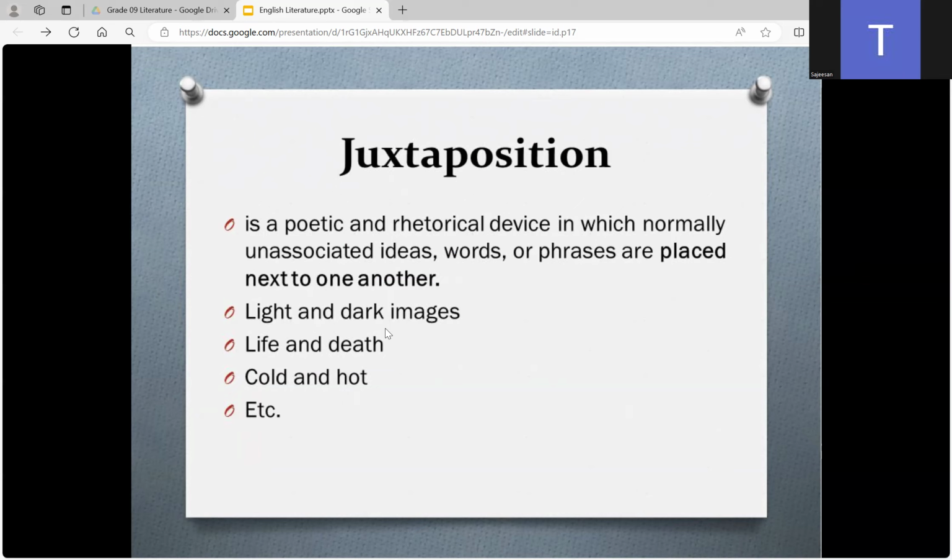Light, dark is the use of oxymoron, but light and dark images is the use of juxtaposition. Death, life is the use of oxymoron, but life and death is the use of juxtaposition. Cold, hot is a use of oxymoron, but cold and hot can be taken as a use of juxtaposition. Any doubt? Yes. Right.